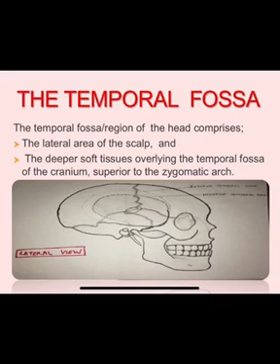The temporal fossa lies superior to the zygomatic arch. So the zygomatic arch is actually at the inferior extent of the temporal fossa. So the temporal fossa is superior to the zygomatic arch. That is illustrated here in this diagram showing the lateral view of the skull.